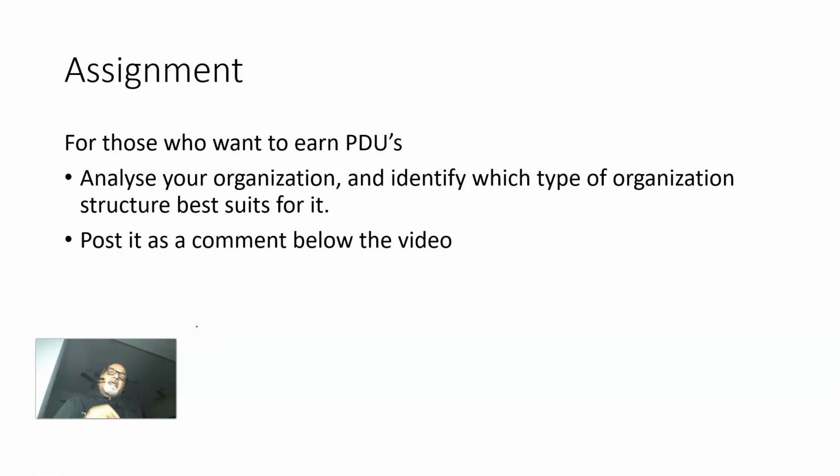Now to summarize, we discussed various organization types. Basically it was functional organization, matrix organization, projectized organization, and within the matrix we discussed strong matrix, weak matrix, and balanced matrix.